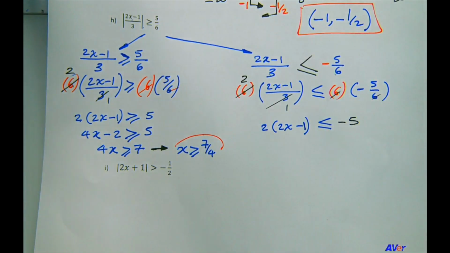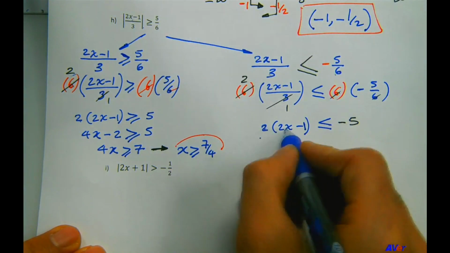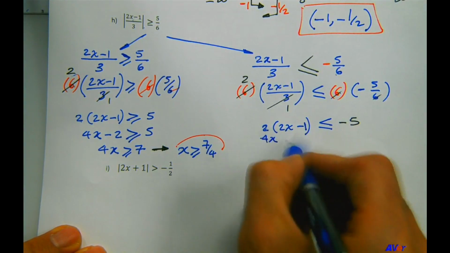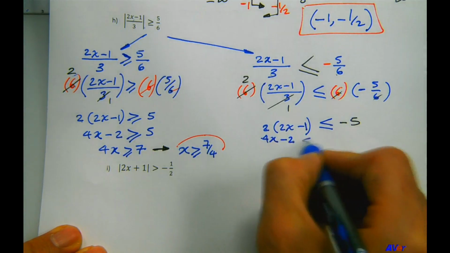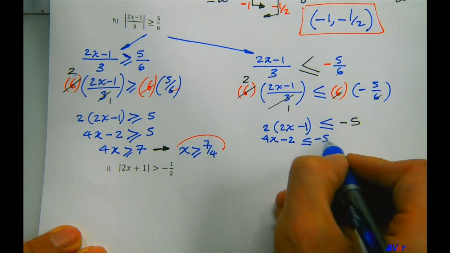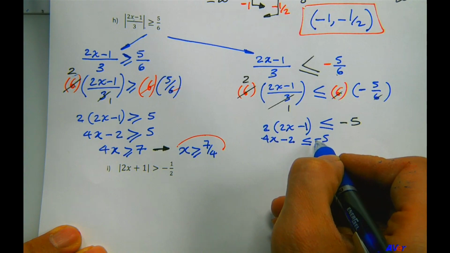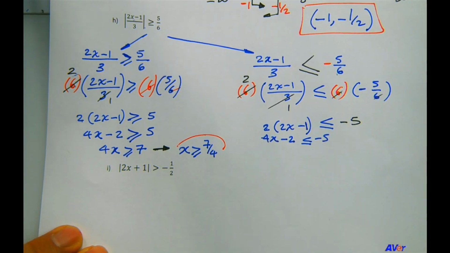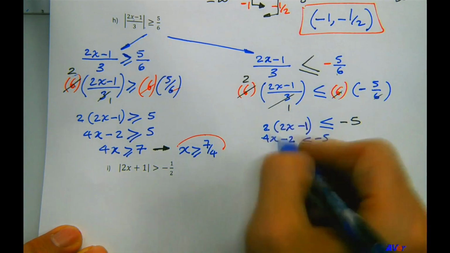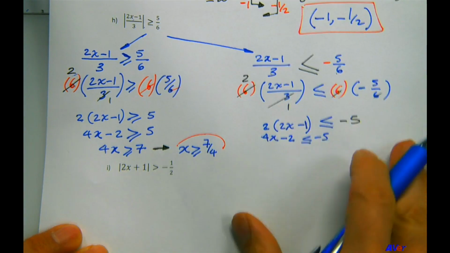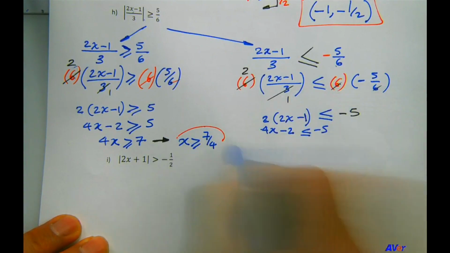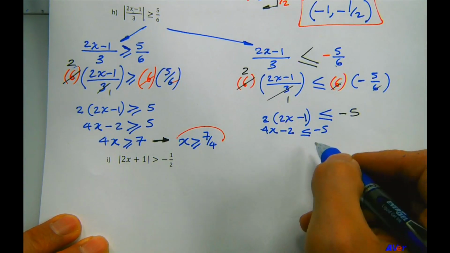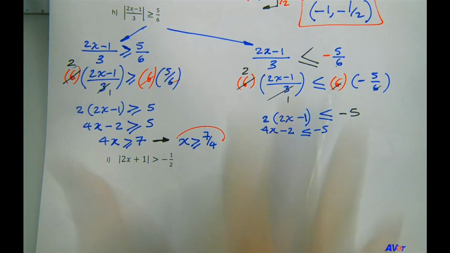So let's distribute the left. 2 times 2x, 4x. 2 times minus 1, minus 2, less than or equal to negative 5. So then 4x, I'm running out of space here, sorry about that. So I might have to write the final answer without graphing, because there's no place for me to graph. I might squeeze it in there, but the page would be too crowded if I do.